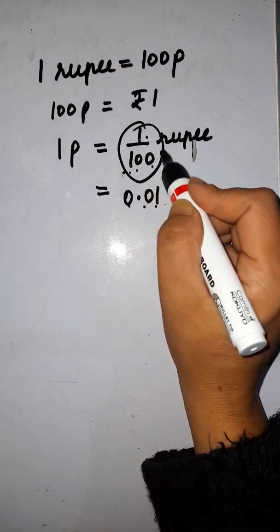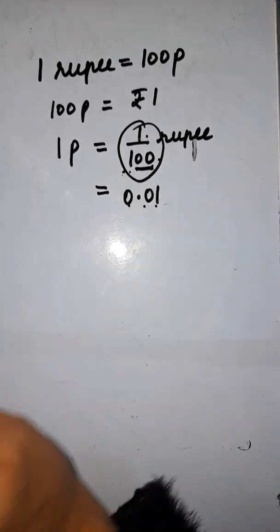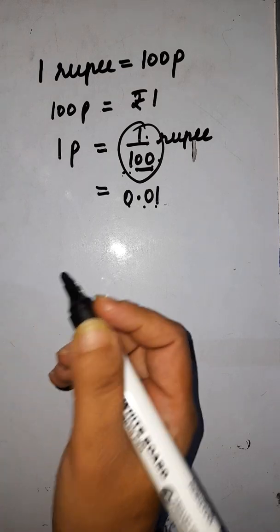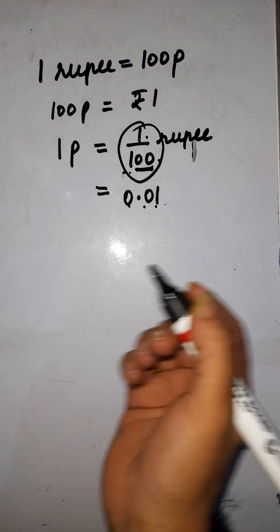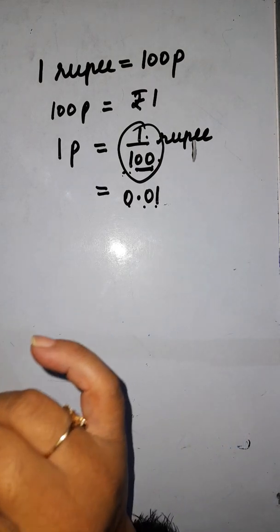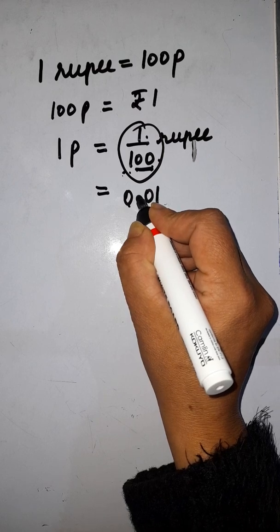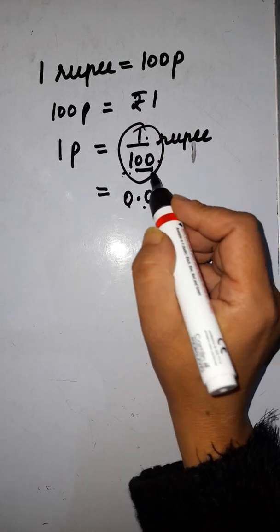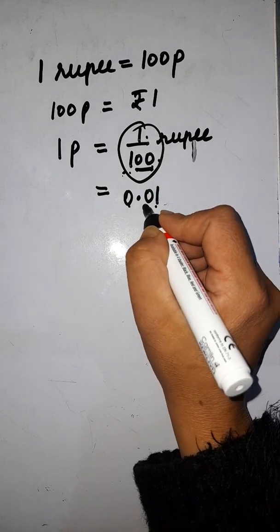Here this is the numerator, this is the denominator. In 100 we have 2 zeros, so we'll put 2 digits after the decimal point. Just count after the decimal 1, 2. Because here we have only 1 digit, we'll write 0 first.